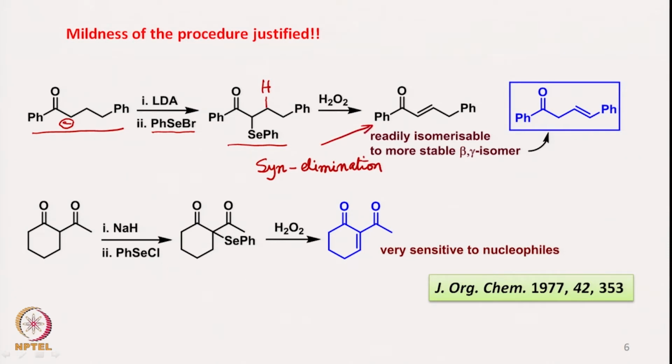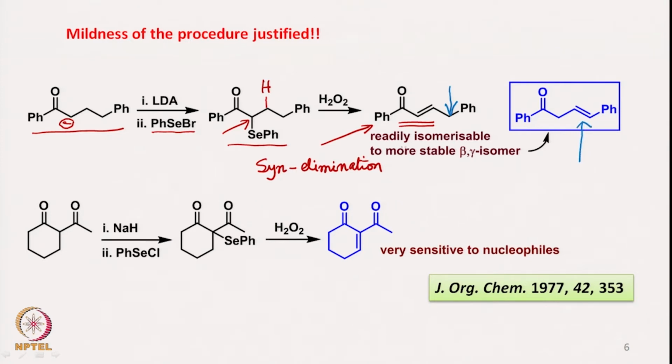As one can expect, we have a double bond which is in conjugation with the ketone, and of course this will first form because selenide was present at this particular carbon atom. However, this particular compound can also undergo easy isomerization on this side, because here now the double bond is in conjugation with the phenyl ring.